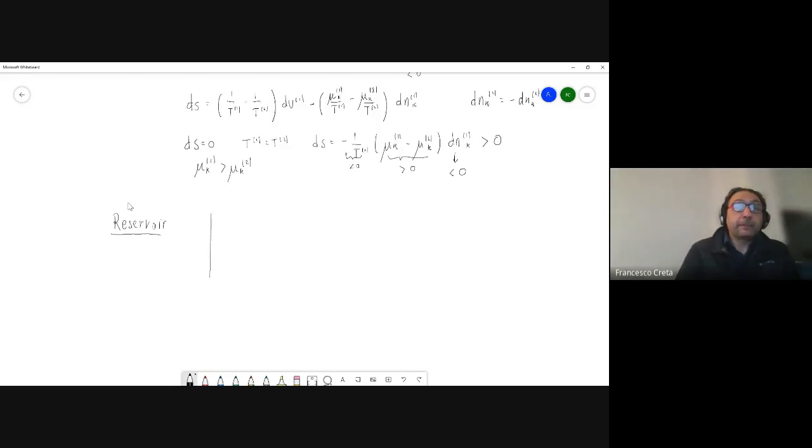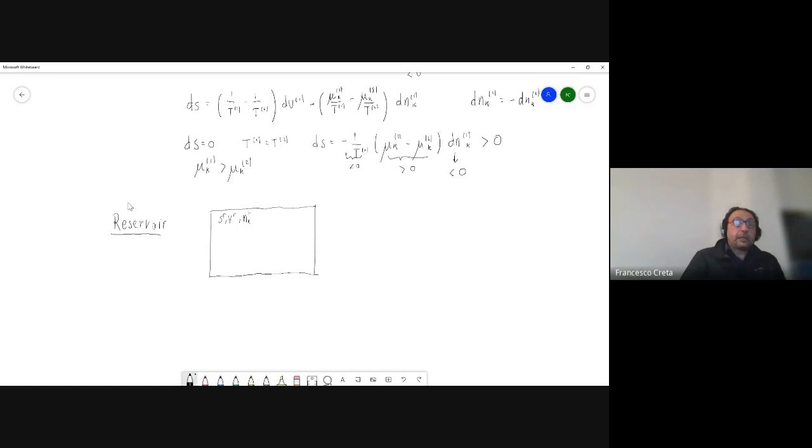I have an infinitely large, or if not infinite, very large system here, which is surrounded by walls, and it's characterized by a value of entropy, a value of volume, and of composition.